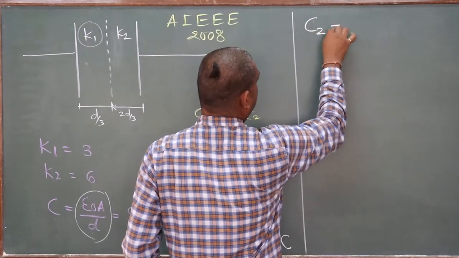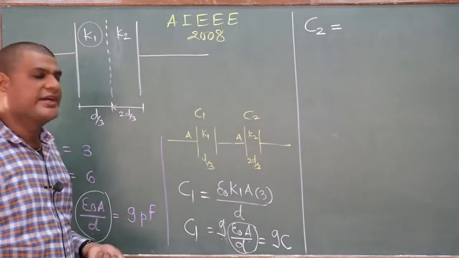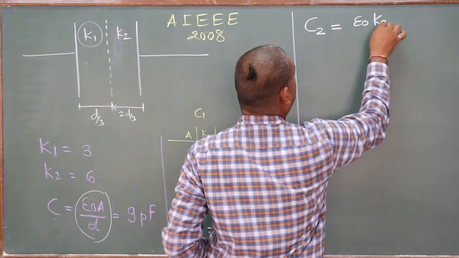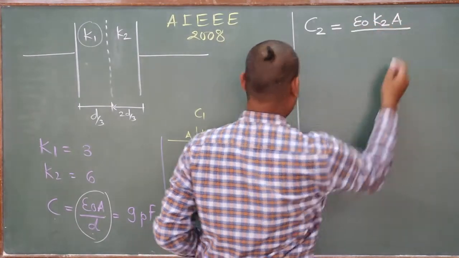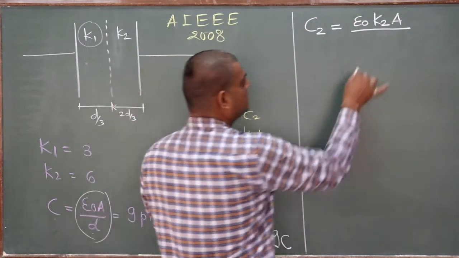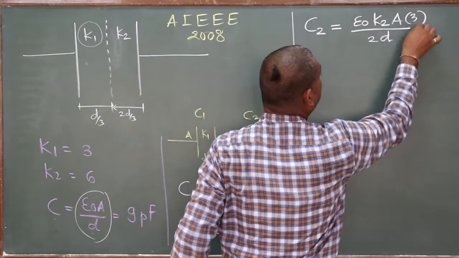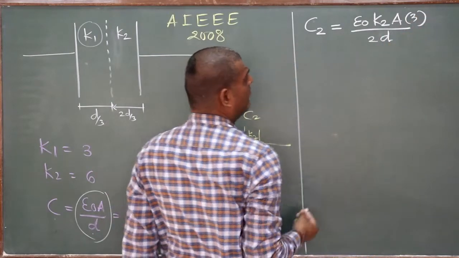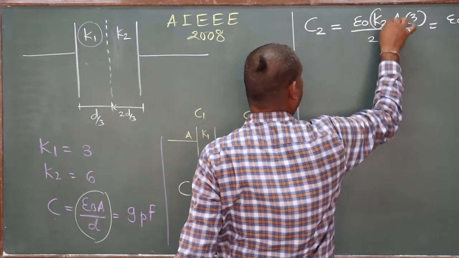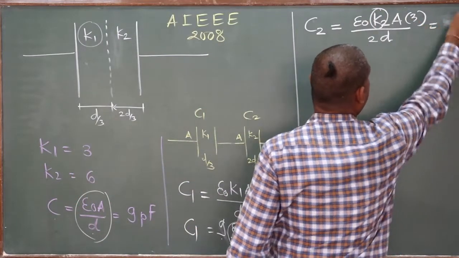The capacitance of the second capacitor, C2, we will write epsilon 0 K2 A, A remains A, the area of the capacitor, and D is 2D by 3. Putting all the values, epsilon 0 as it is, instead of K2 we write 6. 6 3s are 18.